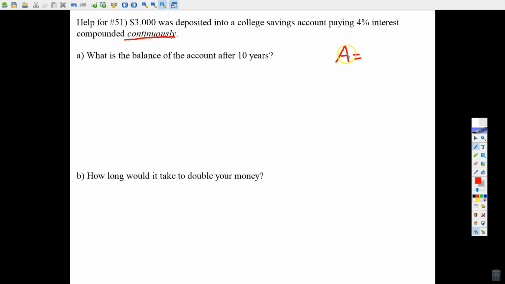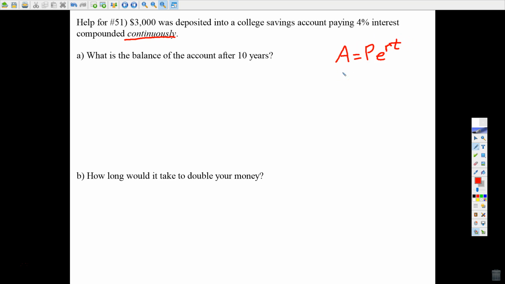Okay, so the amount, the ending amount, is equal to the amount that we invest, that's the principal, times e to the rt power, r times t power. So once again, P is how much we invested, r is the interest rate as a decimal, and t is the number of years.